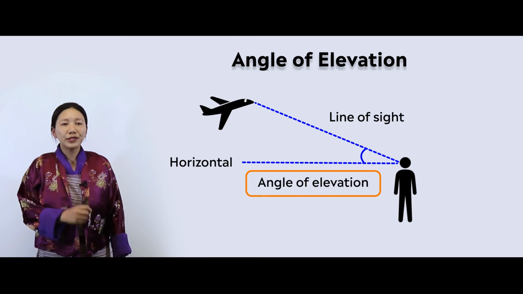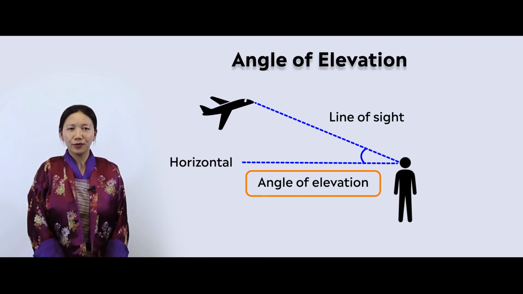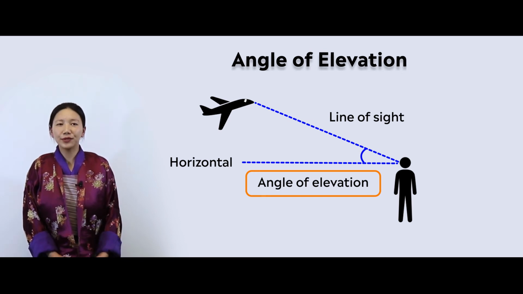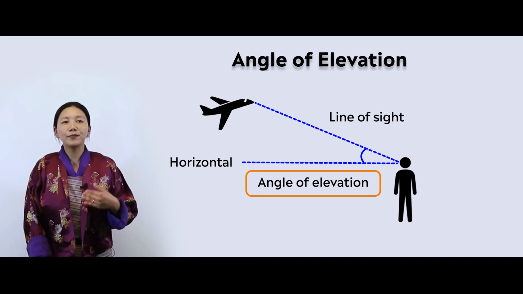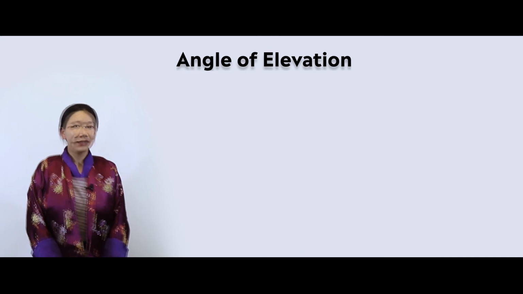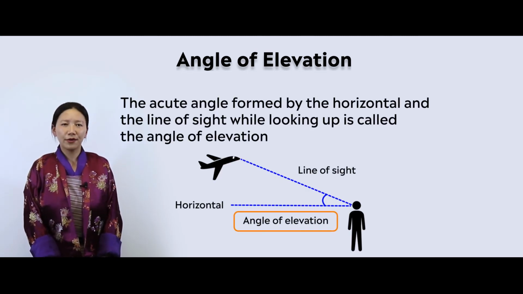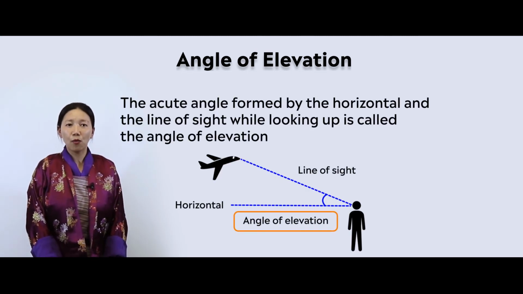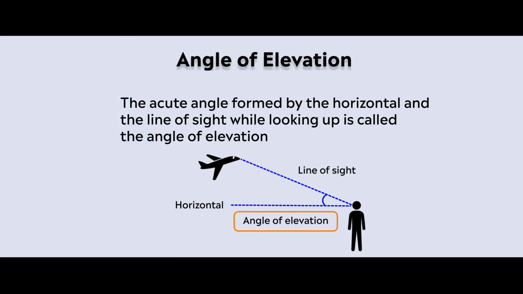Now using the same figure, you can calculate the height at which the plane is flying above the ground if some of the information is provided. So how should we define angle of elevation? It is the acute angle formed by the horizontal and the line of sight while looking up. So that could be the definition of angle of elevation.